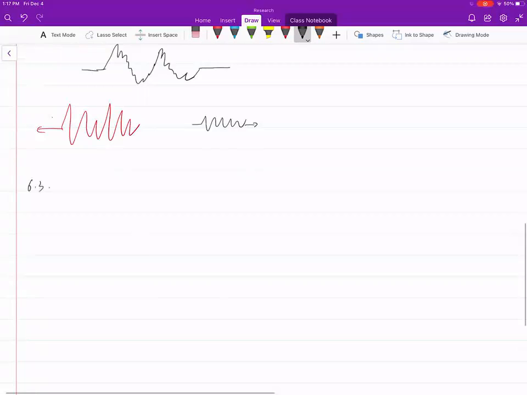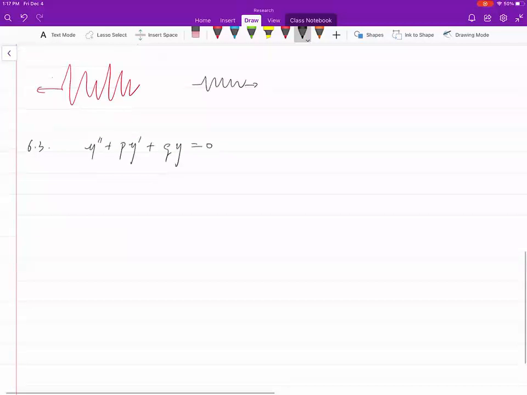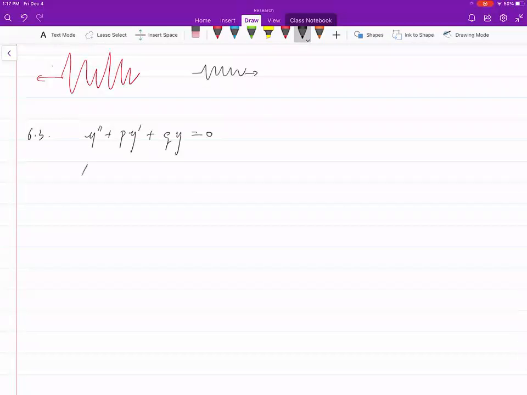Now we're here. We were talking about second order, with the right-hand side equal to 0. Let's start with 0. Last time we found this one. If you do Laplace transform, it's going to give you this.